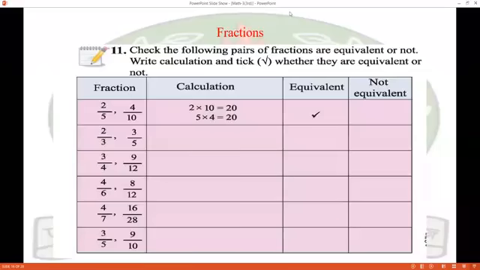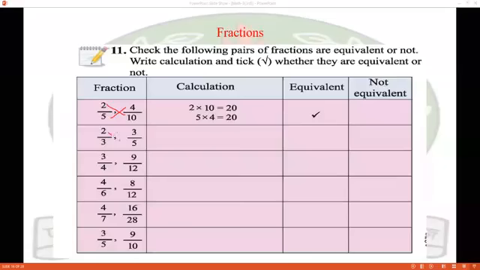The first one is given for you, 2 by 5 and 4 by 10. Are they equivalent or not? So you have to multiply crossly, denominator and numerator, denominator and numerator. So the two numbers are the same, the multiplication results are the same, so they are equivalent.